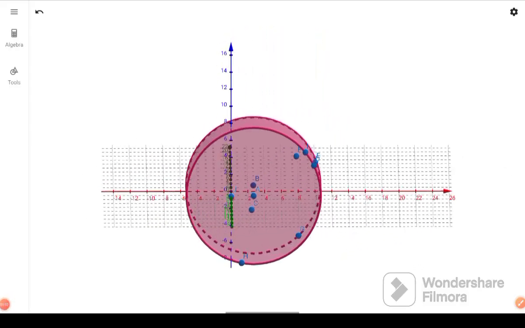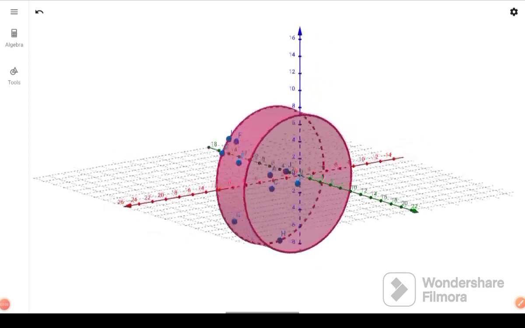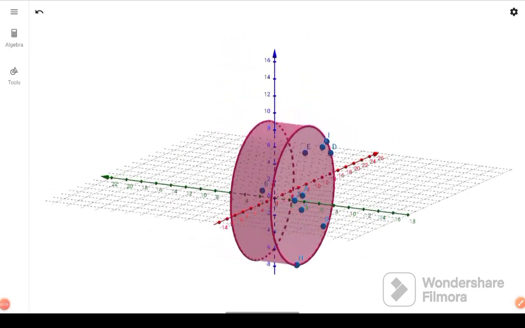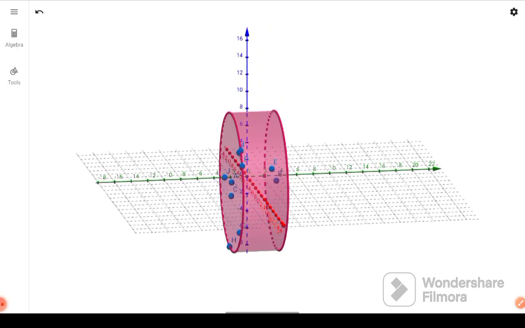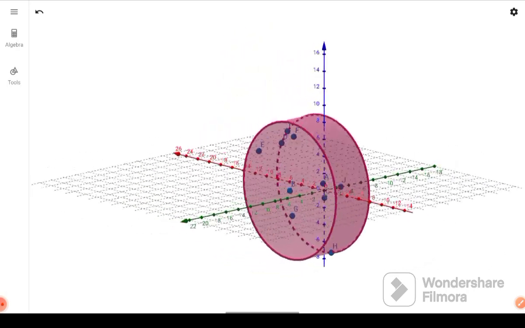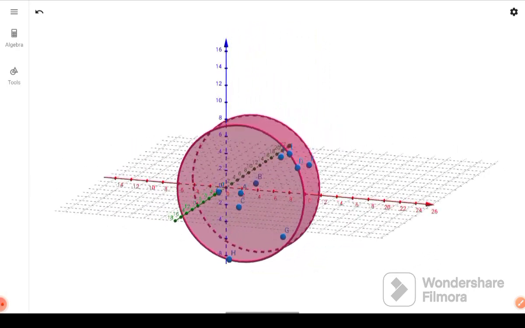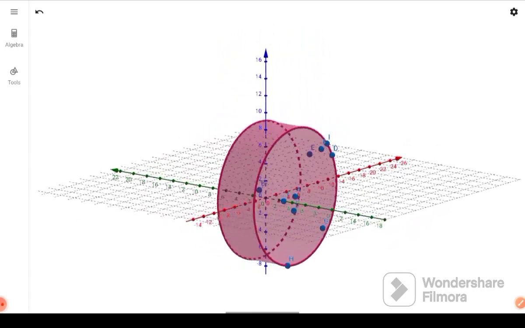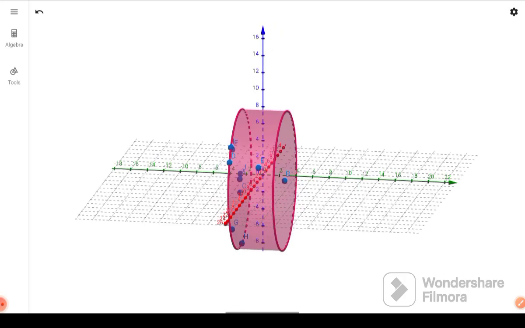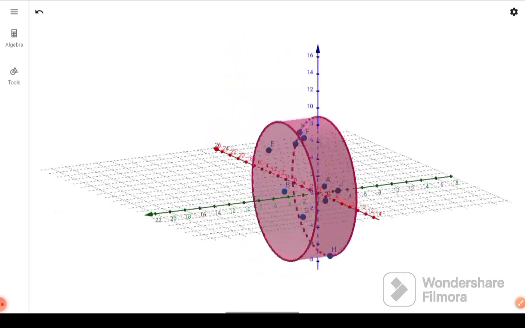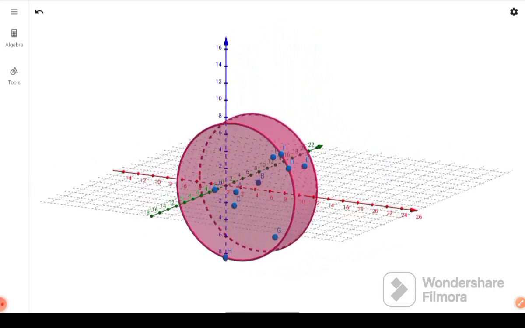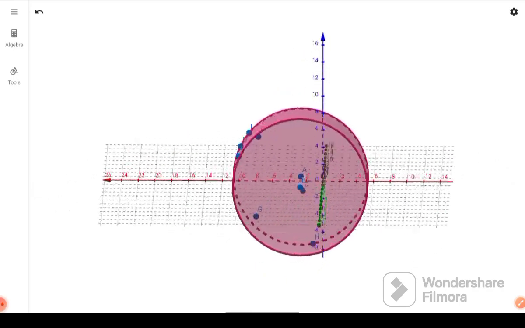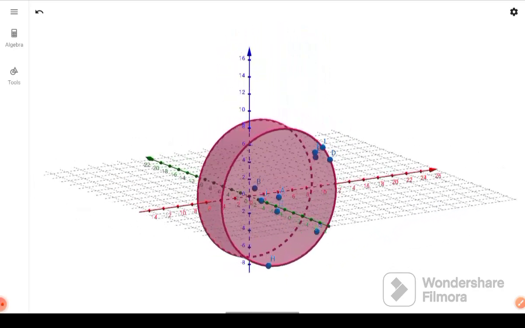Okay. So now you can see again a 3D animation of a cylinder. If we stack a bundle of discs, then this type of cylinder will be formed, right?